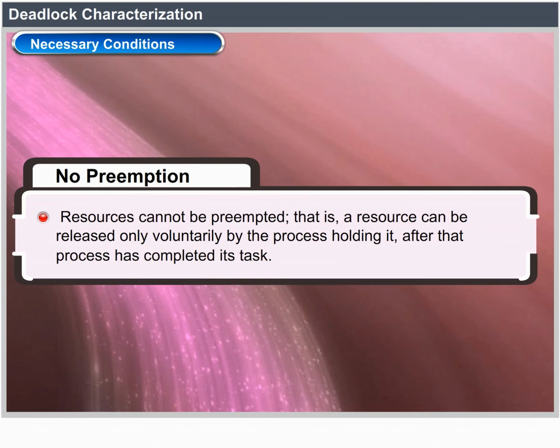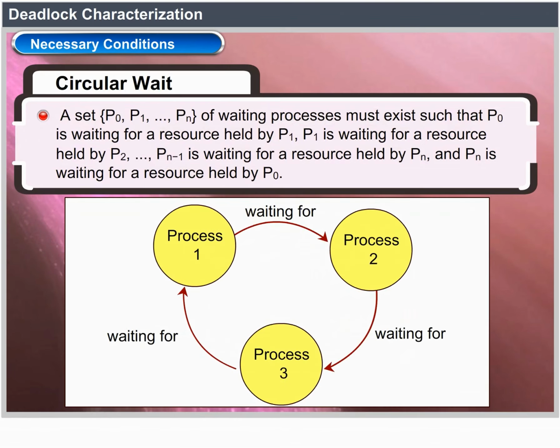Circular wait. A set P0, P1, and so on to Pn of waiting processes must exist such that P0 is waiting for a resource held by P1, P1 is waiting for a resource held by P2, and so on.